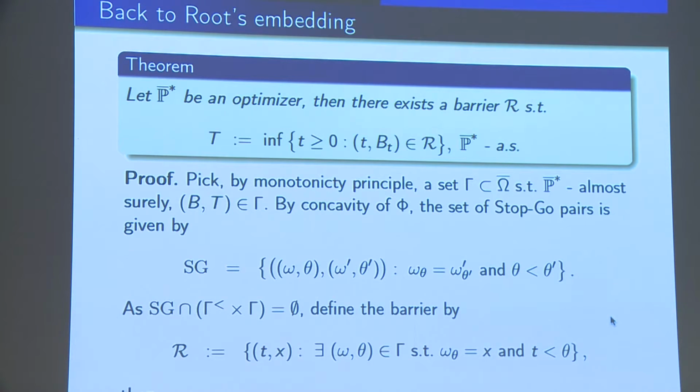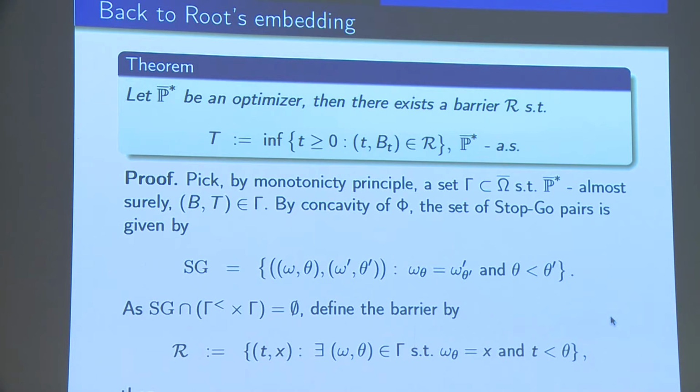So if we take gamma as the support of the optimizer p bar star, and then we define, we may easily compute by the concavity of the function phi the form of the site of stop-go pairs. It is easy to deduce that Sj is written in this way.